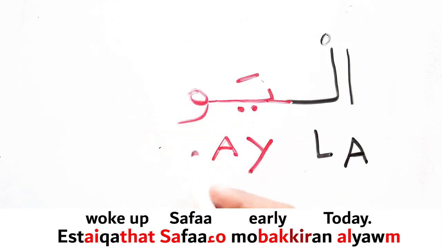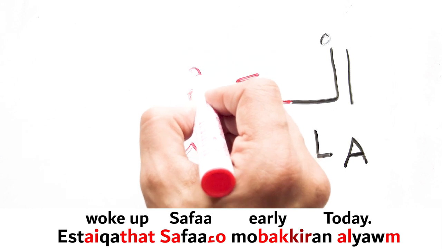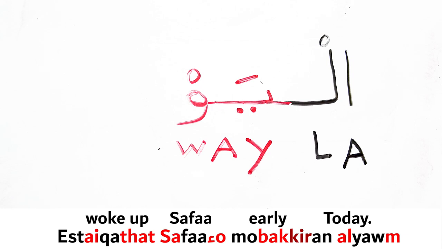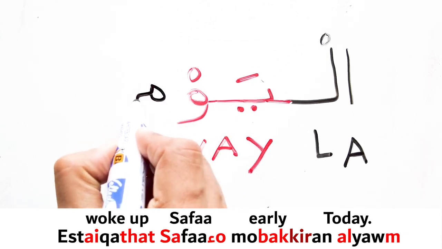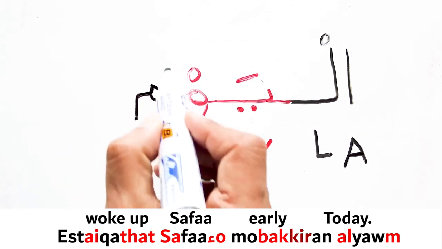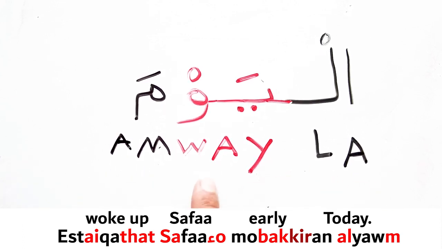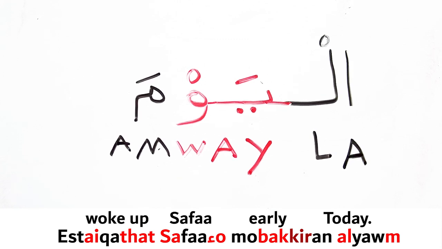We have the sound of W here. Yo. We have sukoon. So we will have a consonant sound here. Almost like we say yo. The sound of M, sound of A. Al-yawm. اليوم.